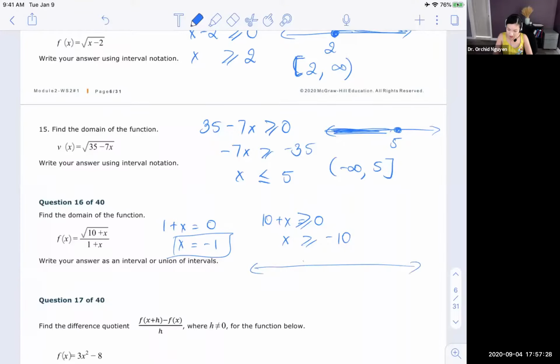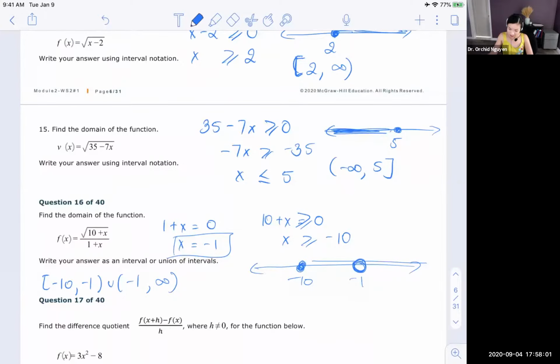For negative 10, you want everything on this side. But at negative 1, you want a hole there. You want to skip that negative 1. So we start at negative 10, we include negative 10, we stop at negative 1, we make the hole, and we go to infinity. That's how we do it.